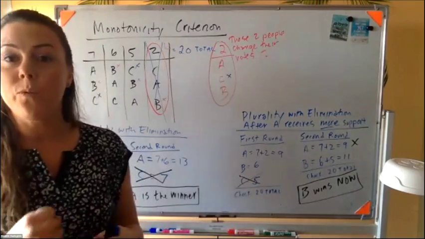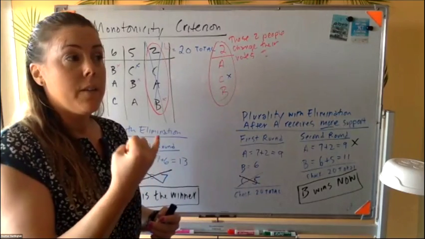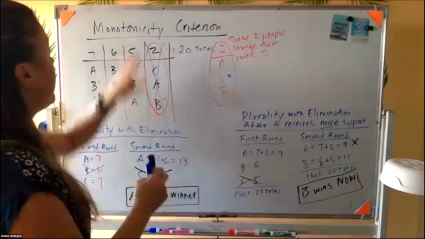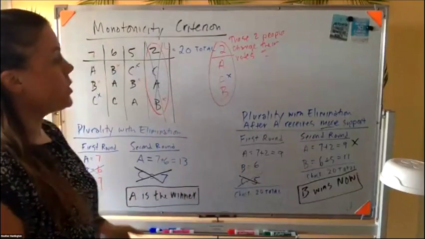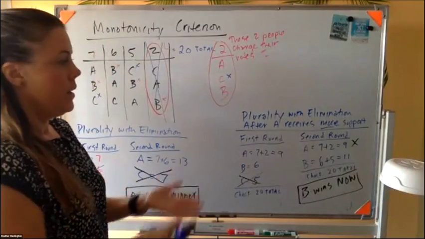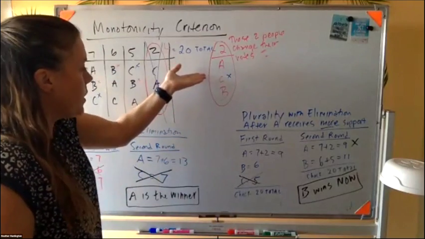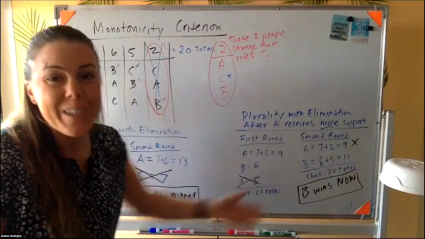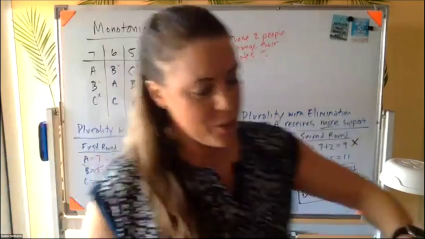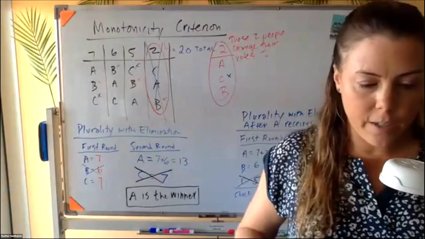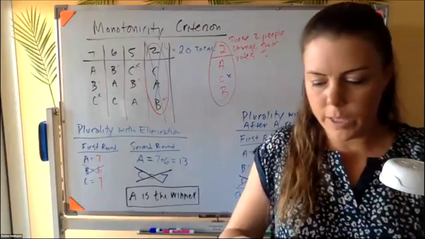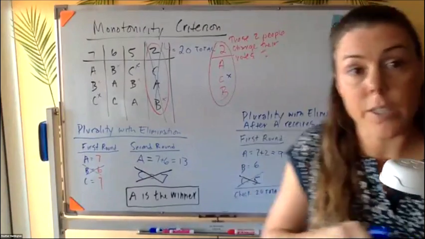That's the whole idea of where it fails this fairness criterion: if you get more support, you should win. Well, A got more support and A ended up losing. So, okay, these are 2 examples where they fail the voting and the fairness criteria that we're given.